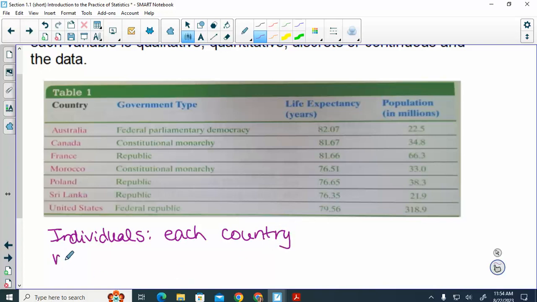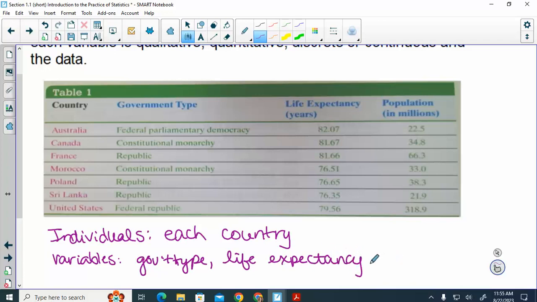The variables. What things am I collecting information on? Life expectancy, population, and one more, government type. Yep. So for each country, we did the government type, the life expectancy, population.